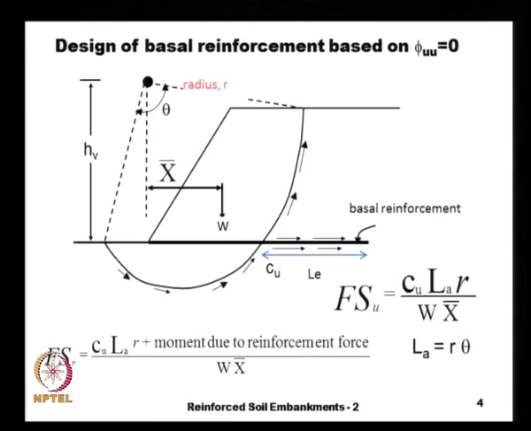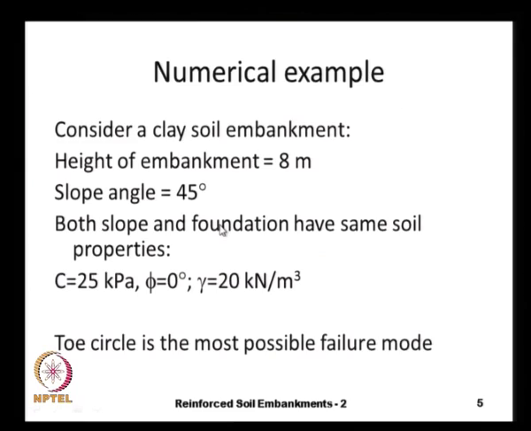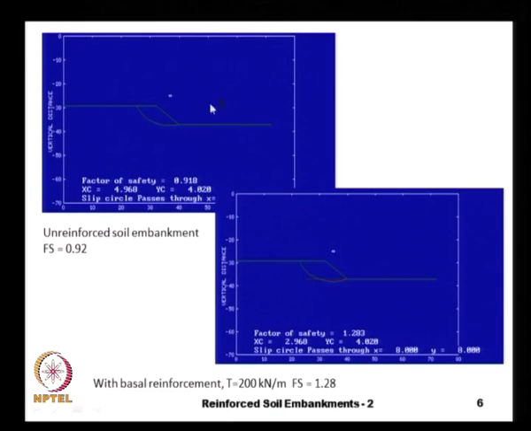As we discussed in the previous lecture, we need to consider several slip circles to get the circle with the least factor of safety. The equation that you have seen is only for one single slip circle, and we need to try out several of these to get our minimum factor of safety. It is best done using a computer program.